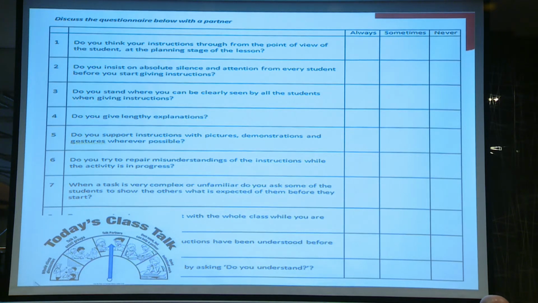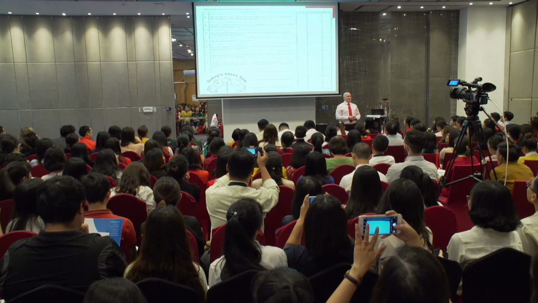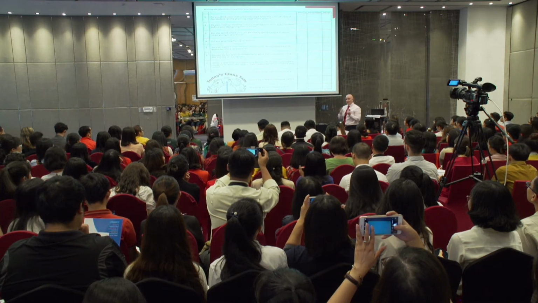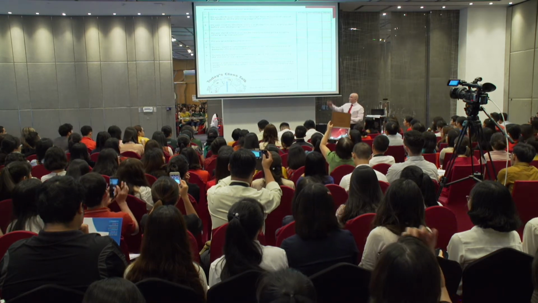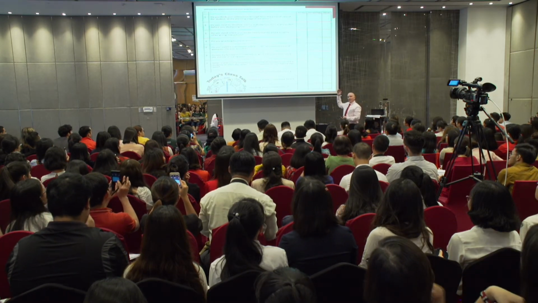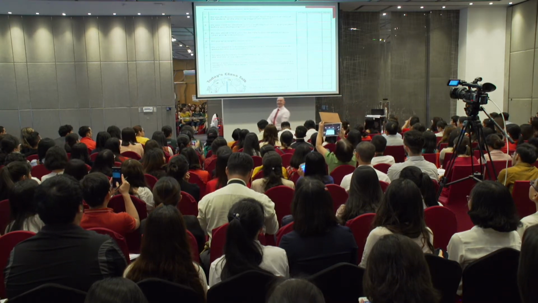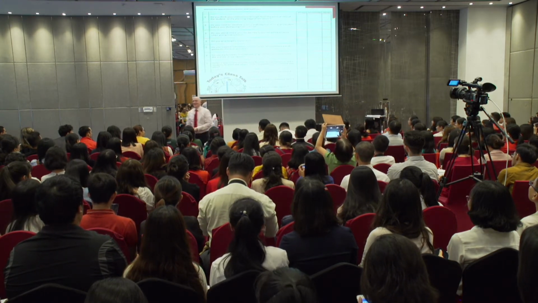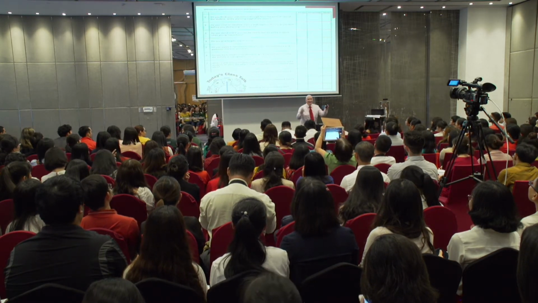Or do you just do this because you know how to teach? All right. So if you do it beforehand, and maybe you might even make notes what you're going to say to give instructions, then you would put always. If you do it sometimes, and if you never do it, you just walk into class and just teach your class, and then it's a never. All right? So with the person next to you, have a discussion.